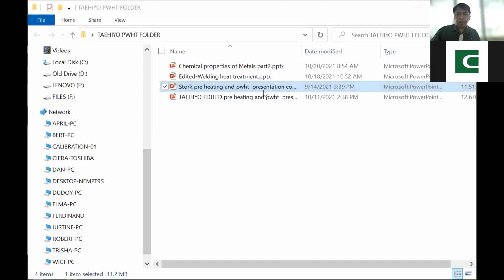Ay, hindi ko kita. Teka, nagkakaroon ng problema sa pagdodrawing.